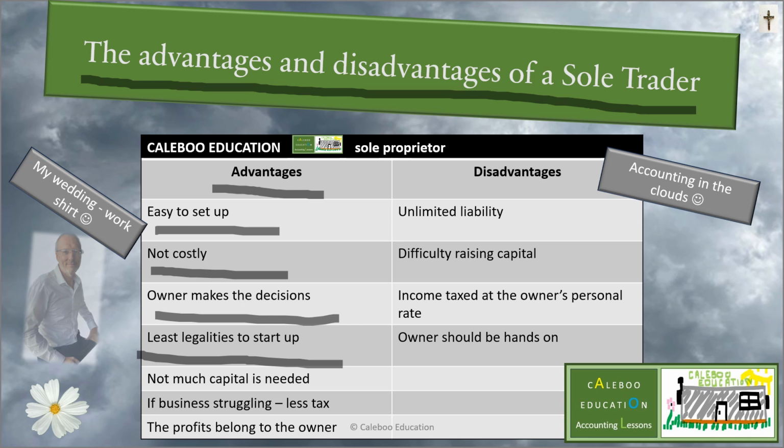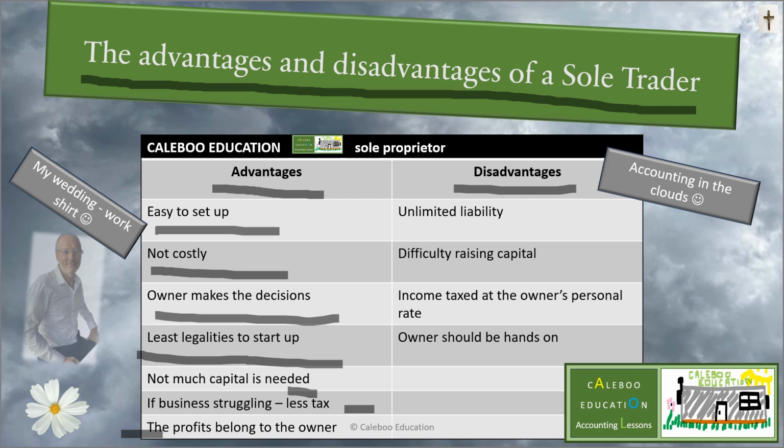It's very easy to set up. Not much capital is needed. A sole proprietor is normally a small startup business. Once again, if the business is struggling, there's less tax that needs to be paid. And if the business makes money, if Calibre Education makes money, the profits belong to me as the owner.